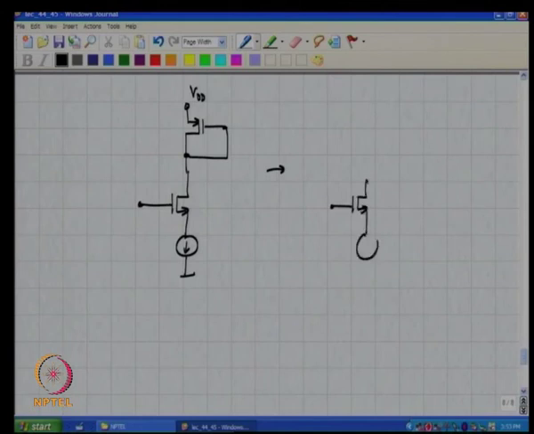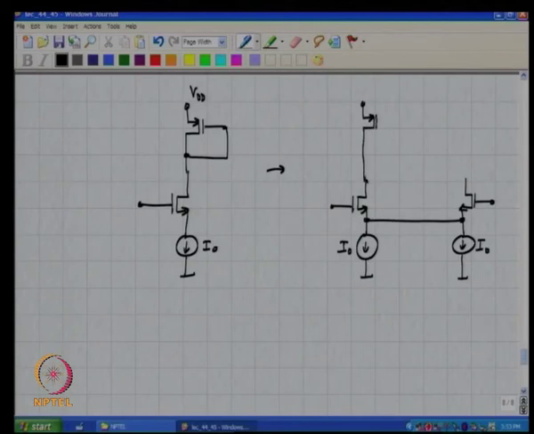Can I do this? As usual, what this is telling us is that the output common mode must be fed back to the gate, not the absolute voltage itself.